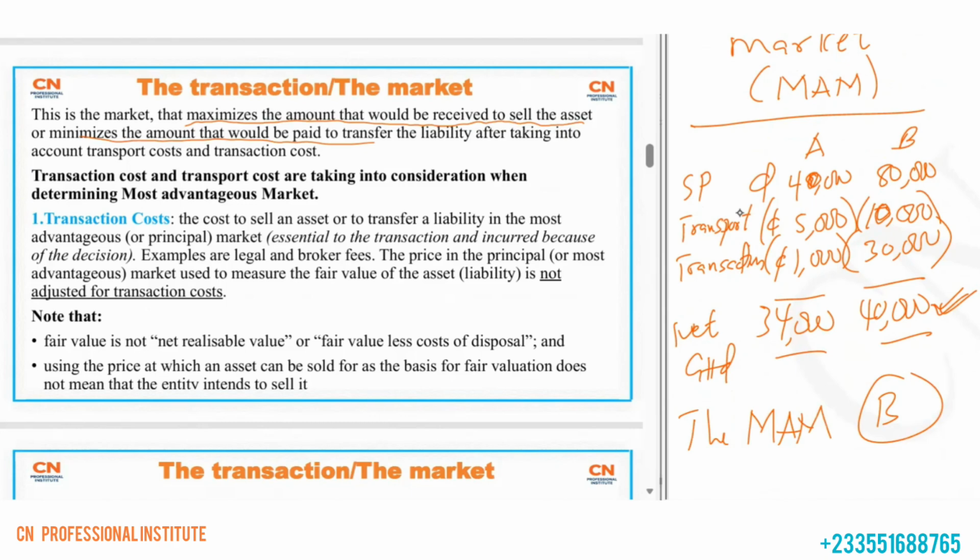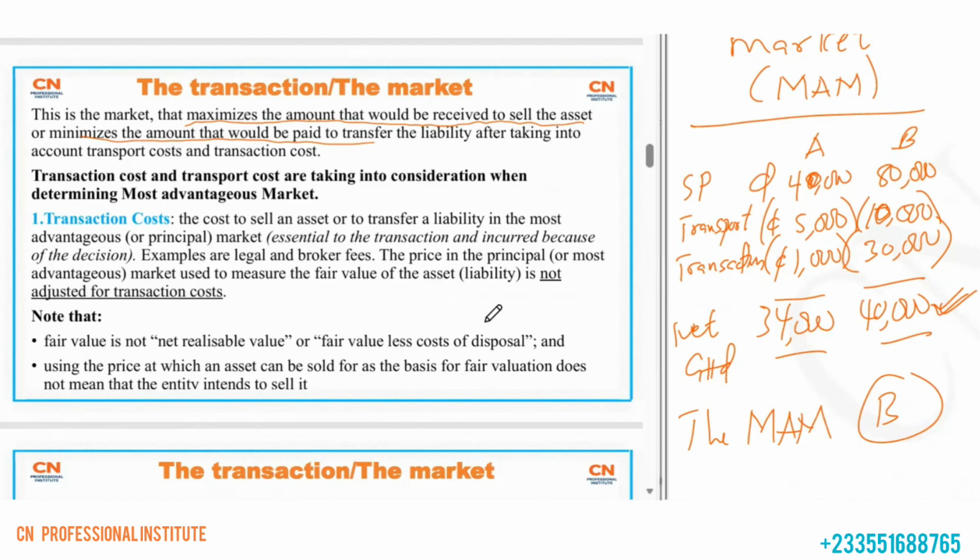It uses monetary values: it uses the selling price, then you deduct transport and transaction costs, then you compare, and the one with the highest net figure becomes your most advantageous market. We'll solve plenty of questions. I have so many questions that I'll be solving, so please just stick to this and stay with me.